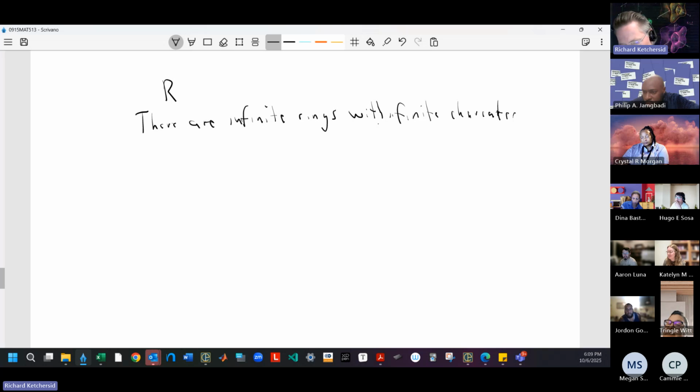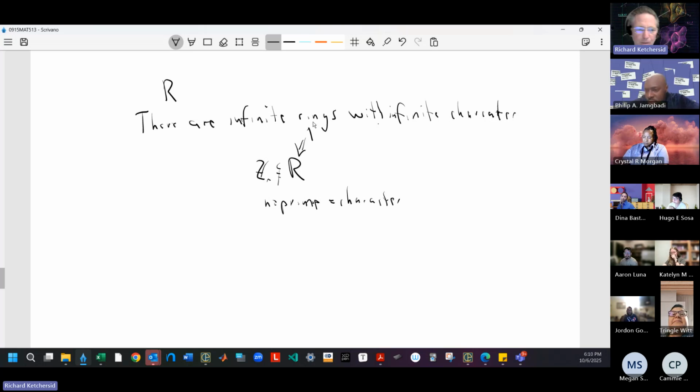So there are rings R, which are infinite rings, but which have a copy of Zn. If Zn is sitting inside there, n has to be the characteristic, n equals p for some prime. I'm assuming here that this ring has a unit, otherwise things get a little weird.